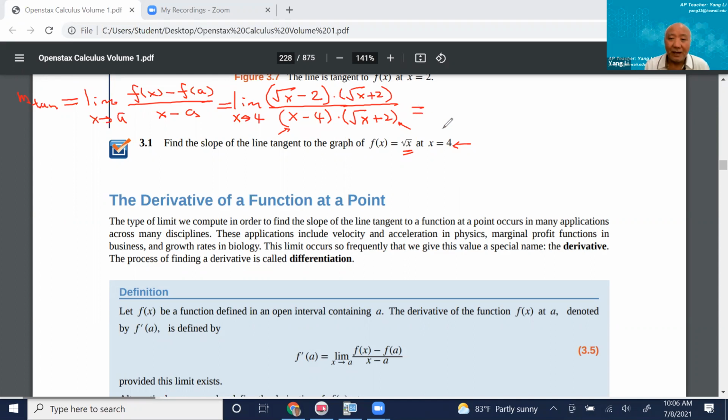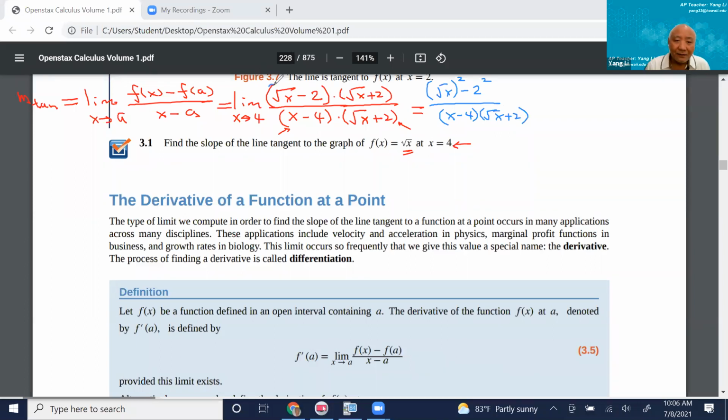Now, you may ask why you have to do that. Let me show you why, okay? So when you do this one, you can directly get what? The top part will be square root x squared minus 2 squared over the bottom one, just keep it x minus 4 and the square root of x plus 2, like this.